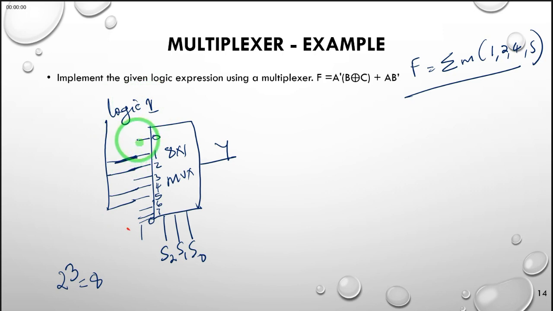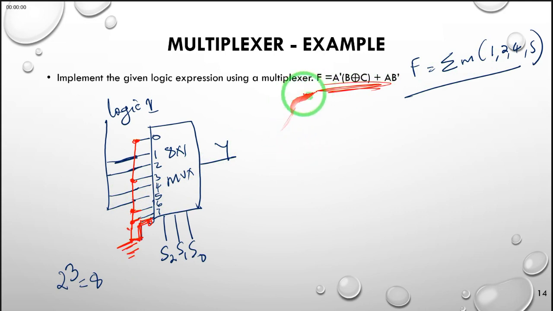And all the others, we connect to logic 0 or ground, together with the chip enable so that the chip is enabled. So my input 0, my input 3, my input 6, and my input 7 all go to the ground, and therefore our function is implemented as such. This is how you would implement this function using a multiplexer.